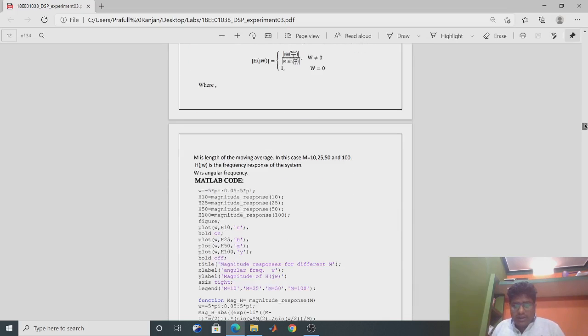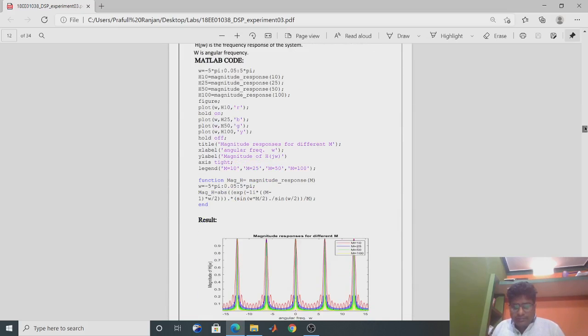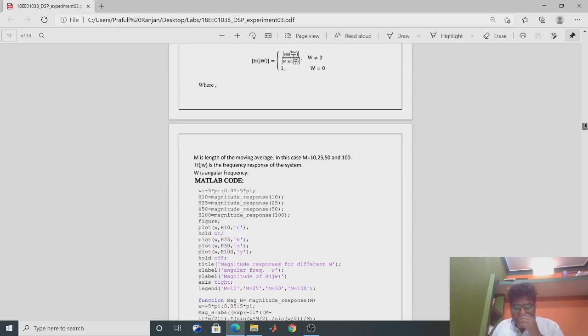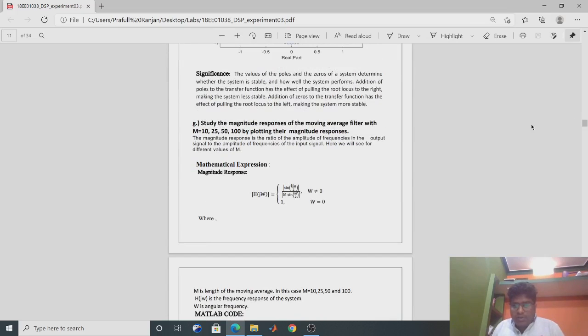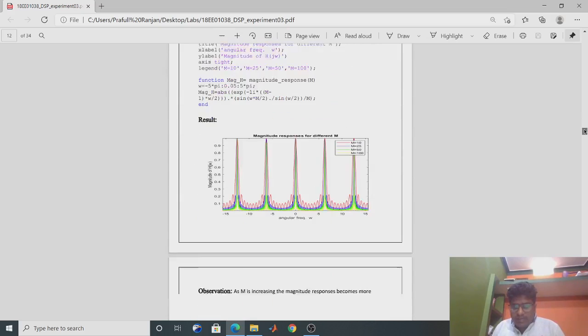Now here is the code for plotting the magnitude responses on a single plot.